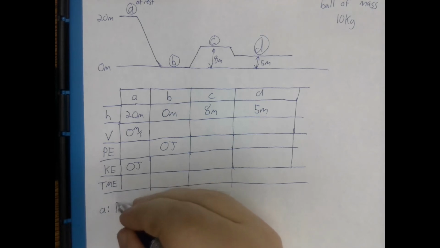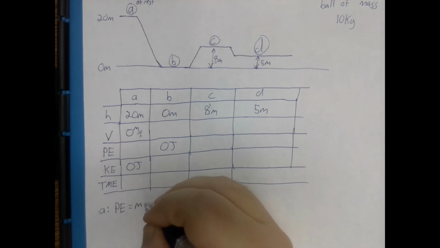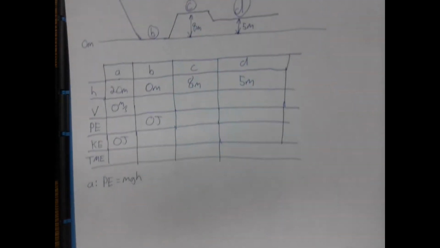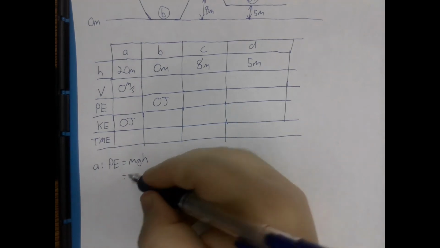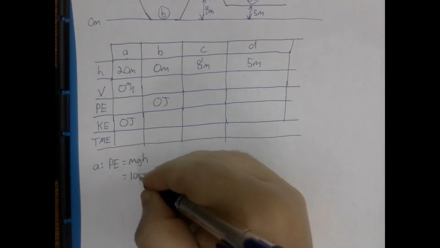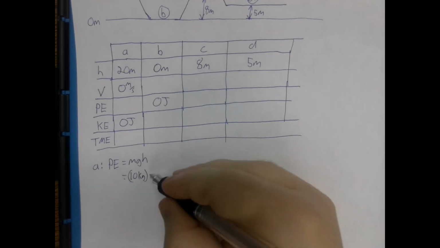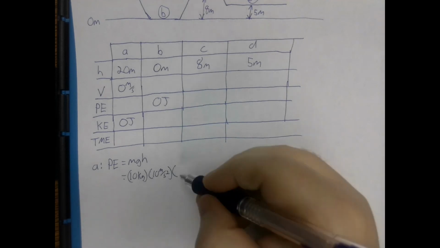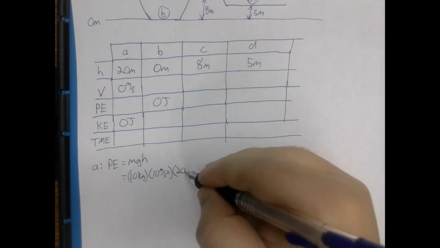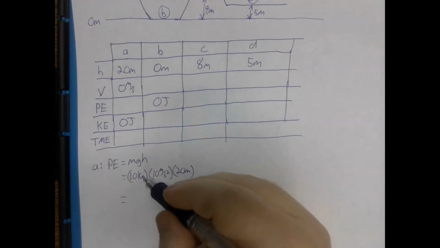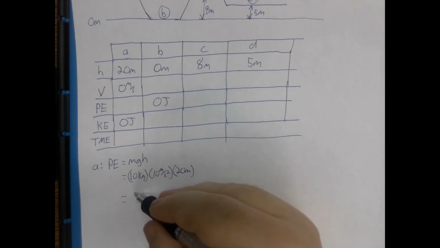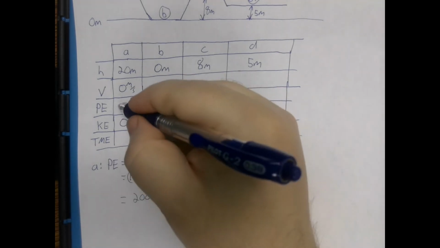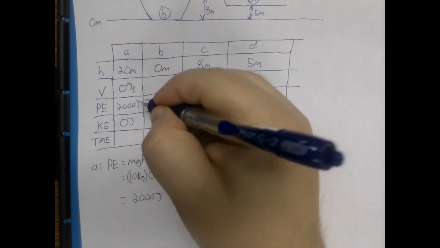So, at point A, its potential energy would be equal to mgh. So that would be equal to mass 10 kilograms times g, which we'll assume is 10 meters per second squared. Its height is 20 meters. And so that would be 100 times 20, 2,000 joules. So we can fill it into the table, 2,000 joules.